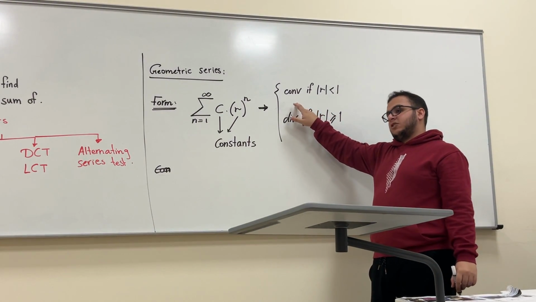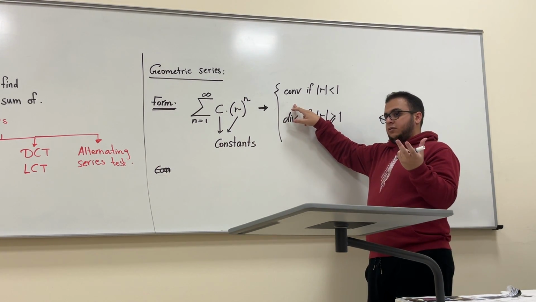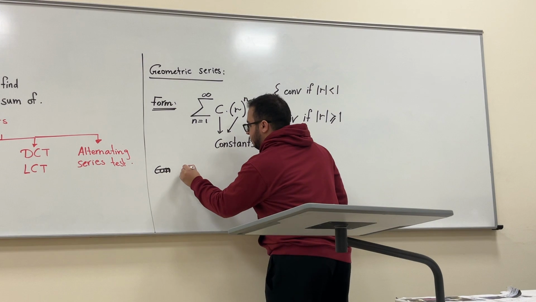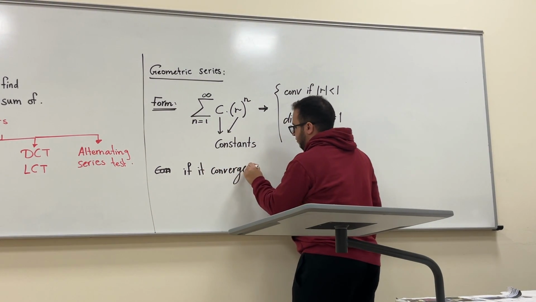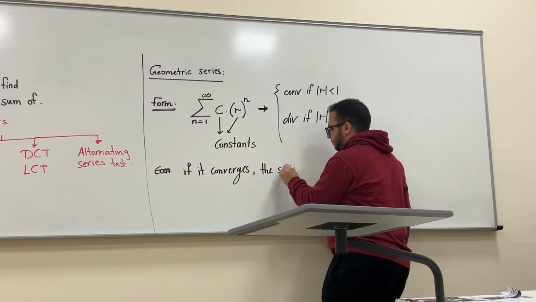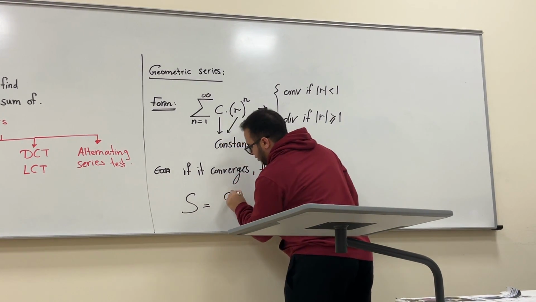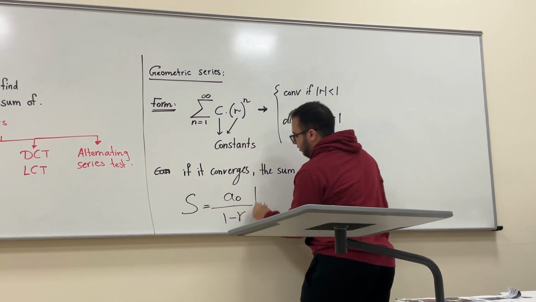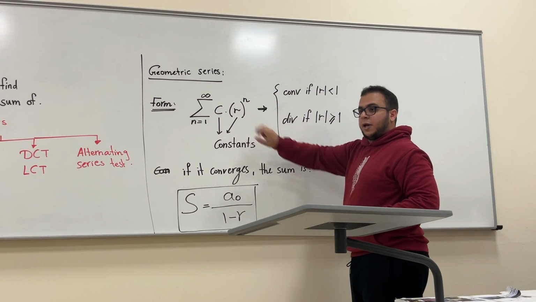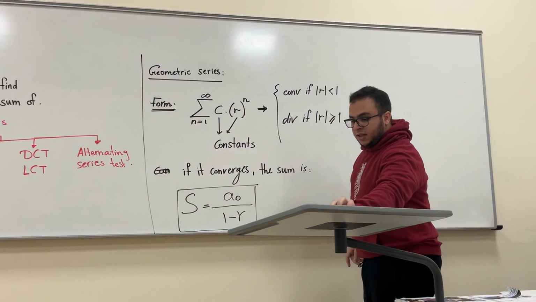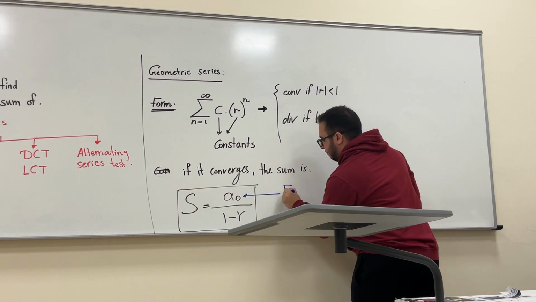But if it converges, I can find the exact number. Converges to what number? If it converges, the sum is the following: S equals A0 over 1 minus R. R is the ratio here, the number that is to the power n in the question. And A0 is the first term in the series.